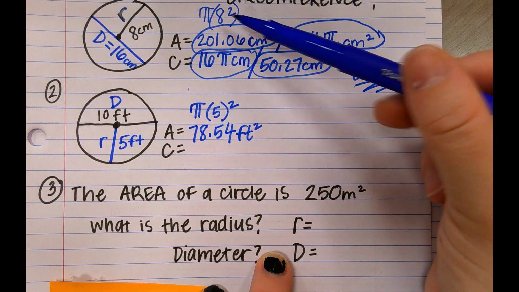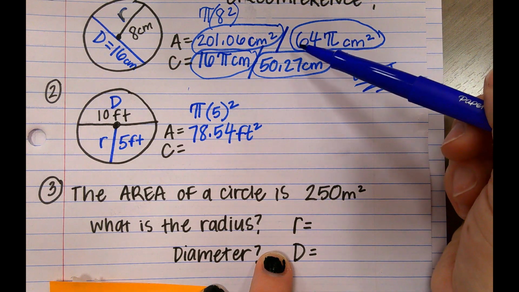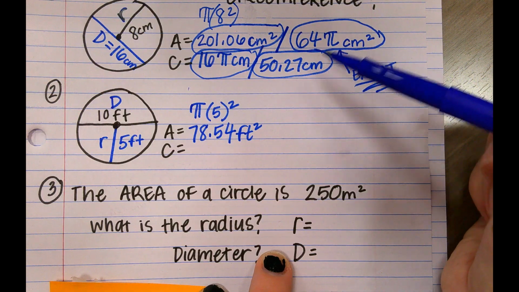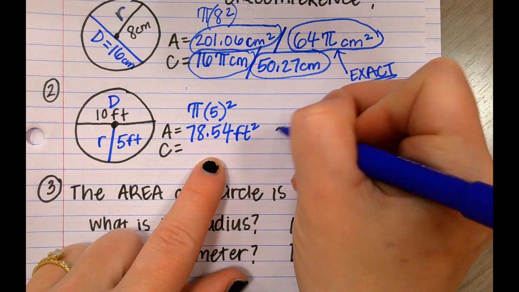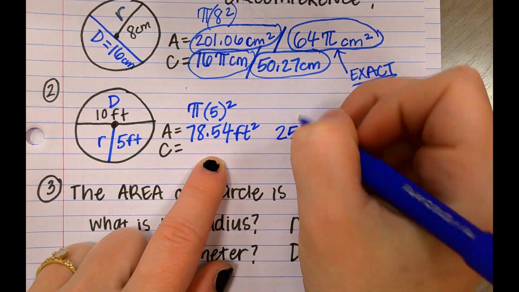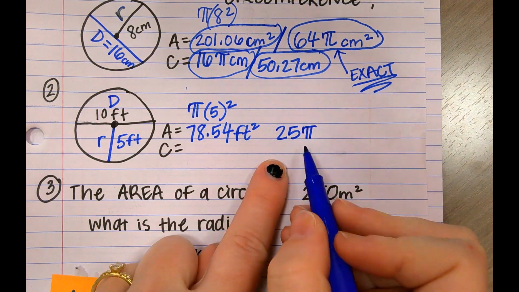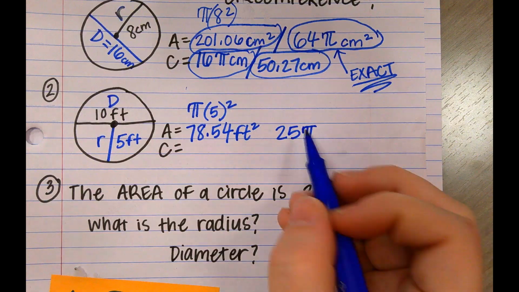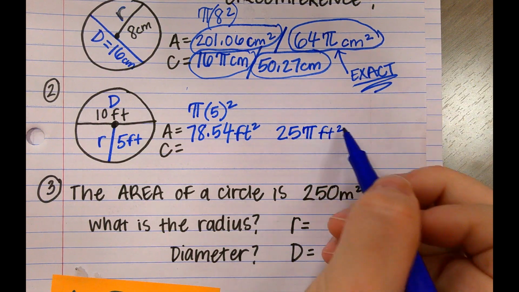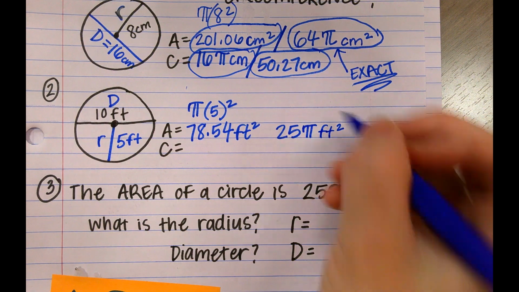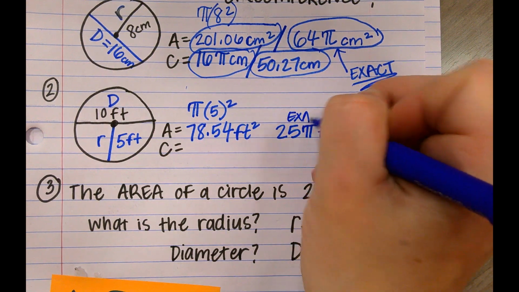We just did the radius squared, and we put pi on the end. Yes, the area here would be 5 squared is 25 pi. So this is the exact area, 25 pi feet squared. Good. That's the exact measure.